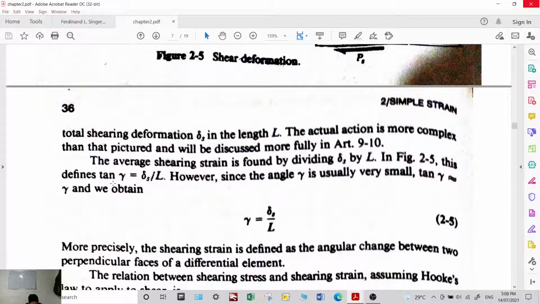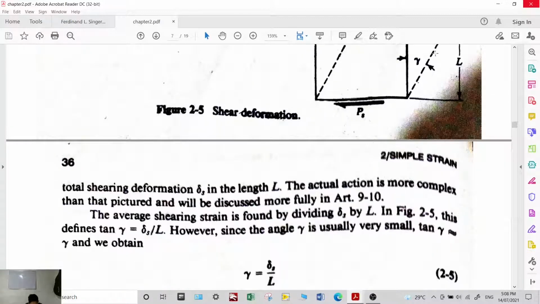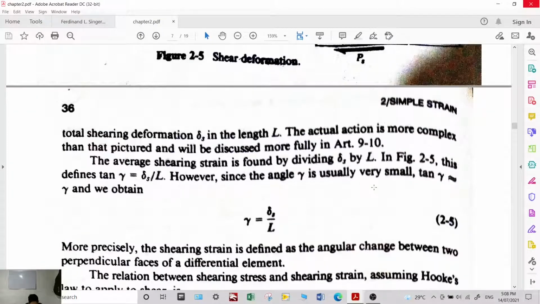So tan gamma is just delta S over L. But since the angle gamma is usually very small, tangent gamma is approximately equal to gamma. Therefore, the deformation is just the shearing deformation over L.